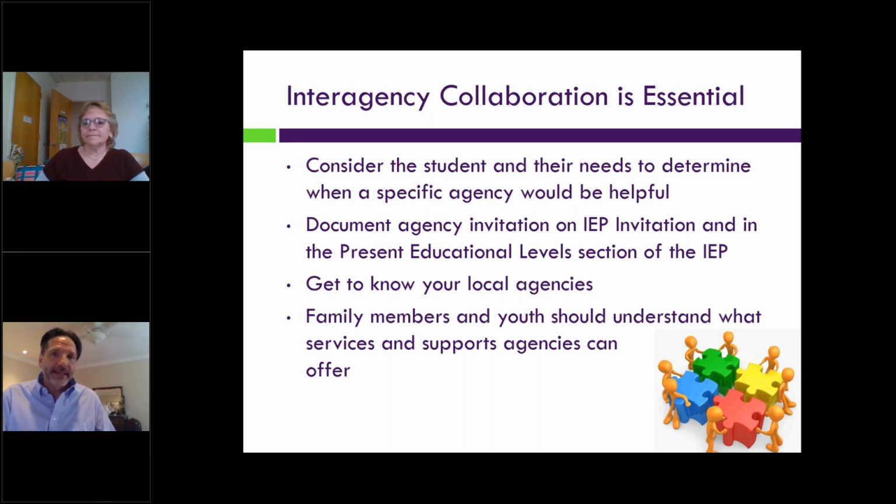You know, really starting this at the start of transition or before to let folks know about the Office of Vocational Rehabilitation, or OVR, or the county-based Offices of Developmental Intellectual Disabilities, the Bureaus of Autism, or the agency supports that may exist in that individual area for that young person that can assist them based on their individual needs. Family members should also really be engaged in that process to understand why it's important that you're inviting these outside folks to participate in those IEP meetings.